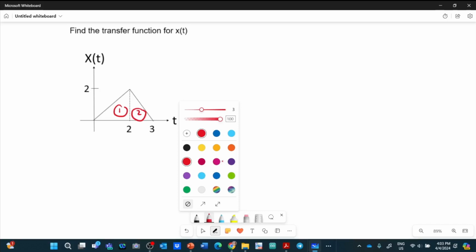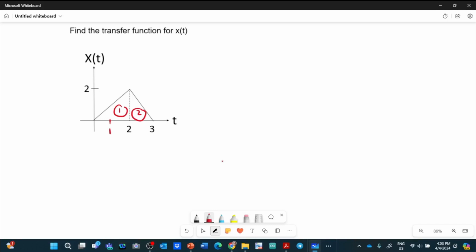For example, the coordinates we are going to write here are (0,0), this is (2,2), and we have (3,0). Those are the main important coordinates, because you see it directly. Confirm, at minimum there are 2 ramp signals in this equation. That will be the minimum; there might be more than 1 signal inside.